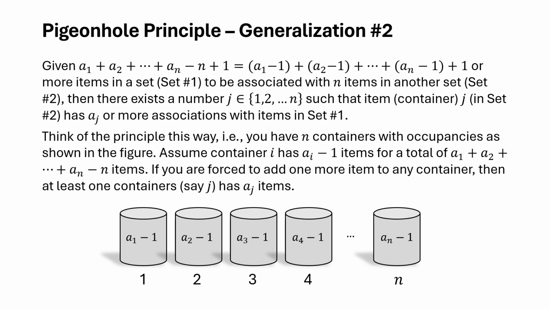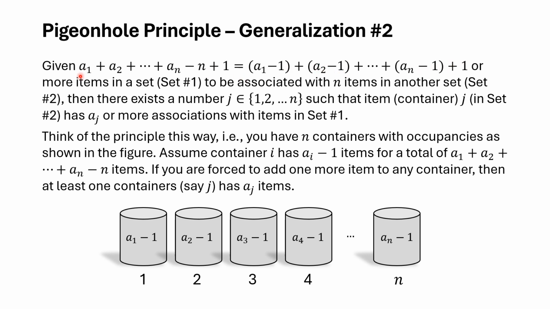We have one more generalization of the pigeonhole principle, which we'll call generalization number 2. We have two sets, set 1 and set 2 as before. Set 1 has a sub 1 plus a sub 2 plus dot dot dot plus a sub n minus n plus 1 elements, which we can distribute: the minus n is just taking minus 1, n times, and subtracting it from each one of the a terms here, and then we still have the plus 1.